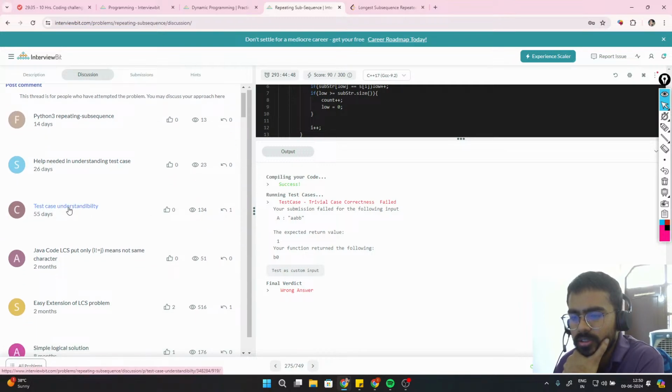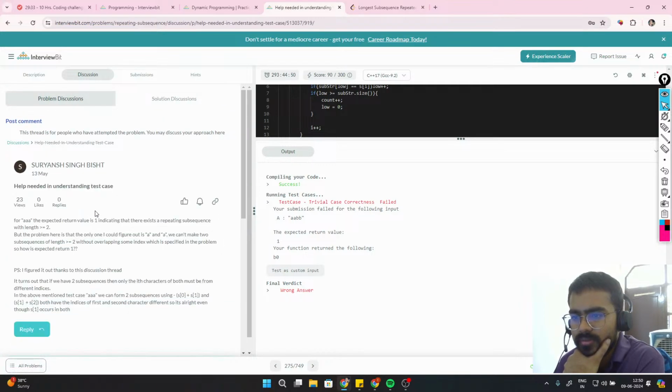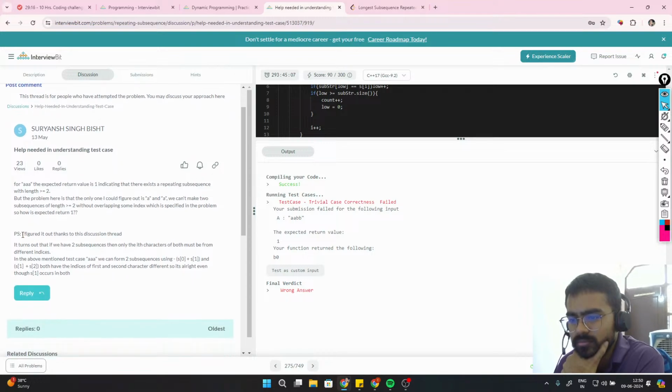Test case understandability: if we have two subsequences, then the ith character of both must be from different indices.